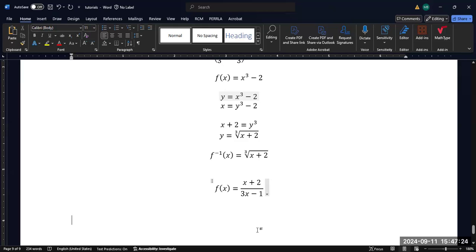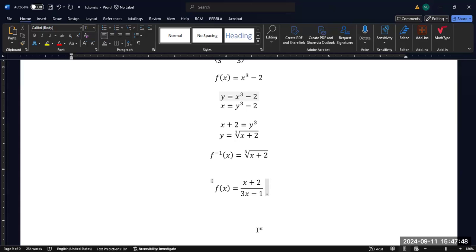It has a horizontal asymptote at 1/3, and it has a vertical asymptote also at 1/3. It's not one of those other types of rational functions where there are multiple asymptotes and you get weird behavior going on in the middle.